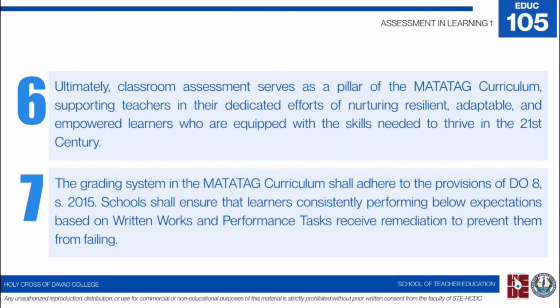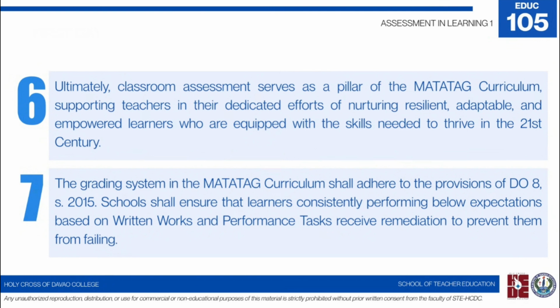The grading system shall adhere to the provisions of DO number 8, series of 2015, which establishes how grades are computed based on written works and performance tasks across all learning areas.